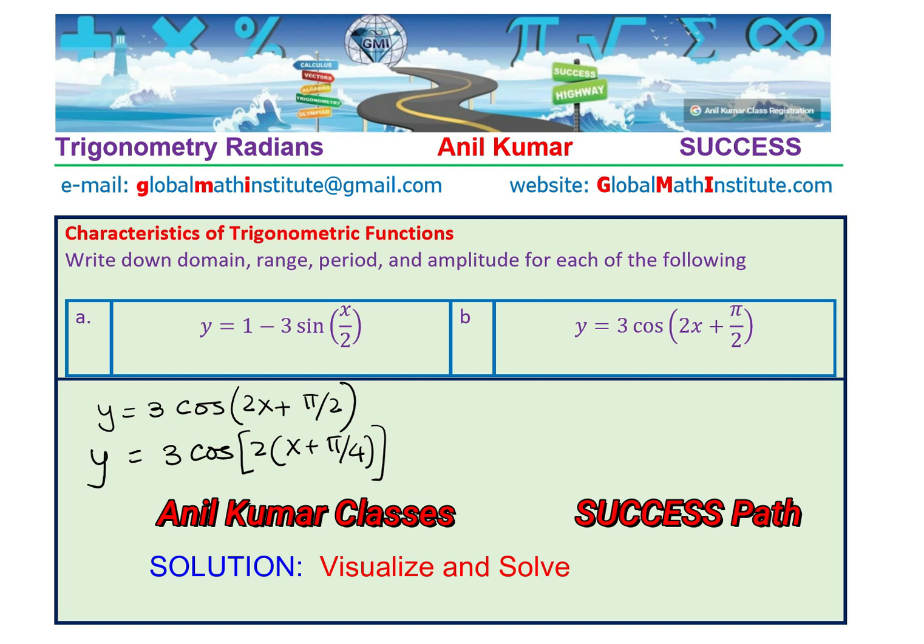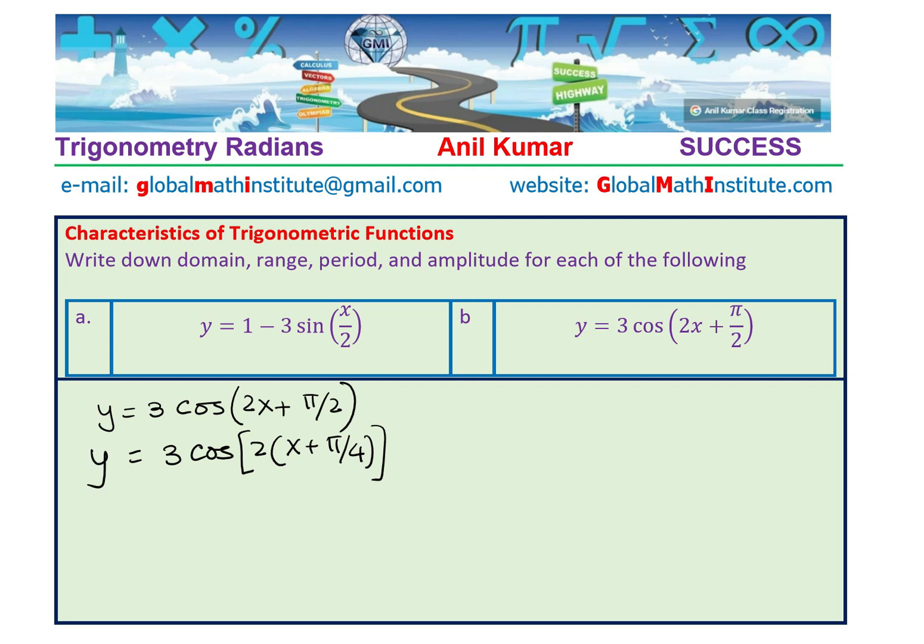Now, once we write it like this, we know the axis in this particular case is 0, and amplitude is 3. We can write down all the parameters. Domain, as we know, is all values of real numbers. There are no restrictions. Range.